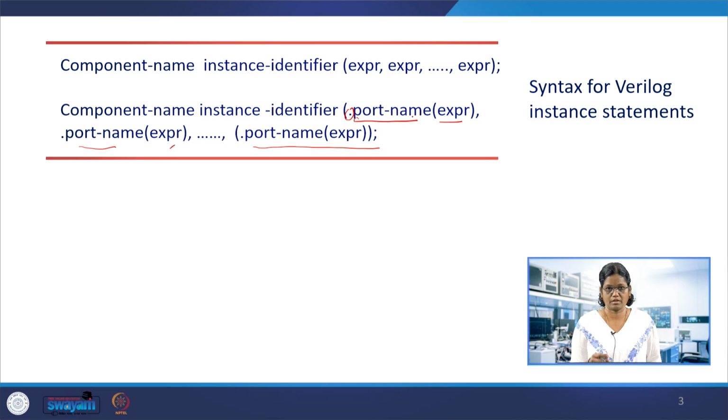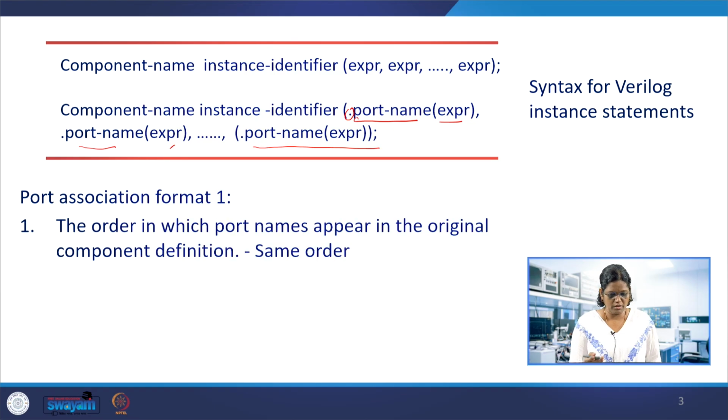How do we call a module inside a module? That part we look into in the instantiation examples. For example, this port association of format 1, in which the order matters, if you have just looked into the previous examples, and we'll have more examples as well.